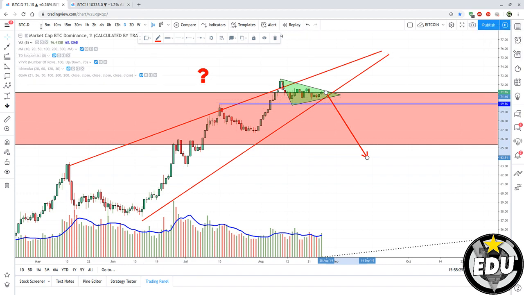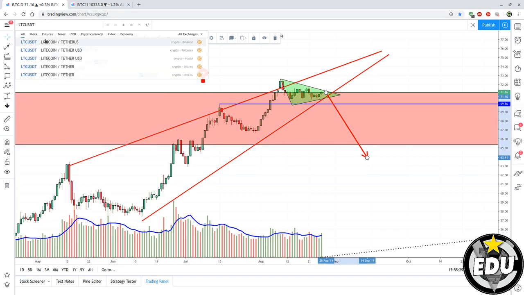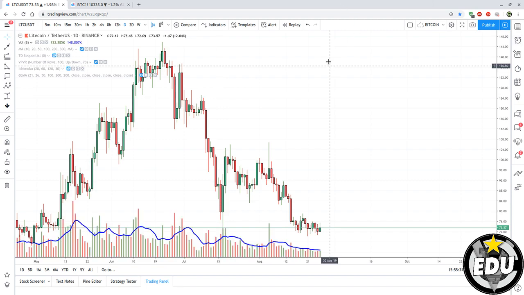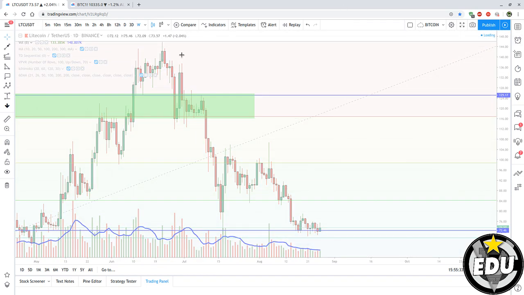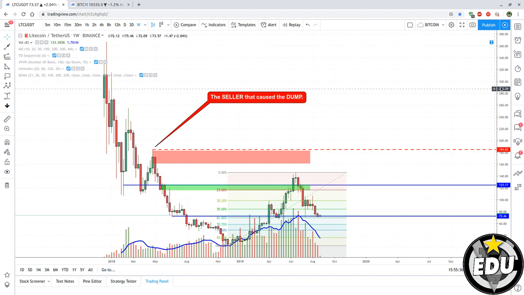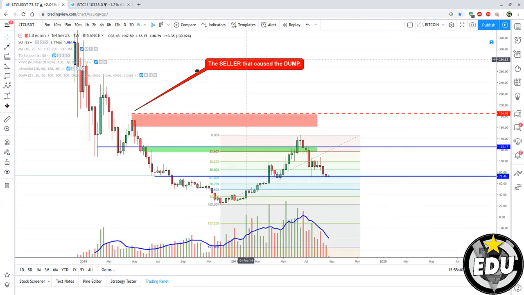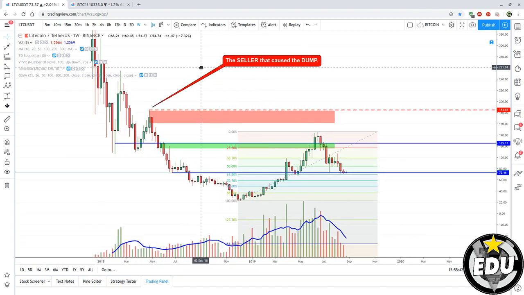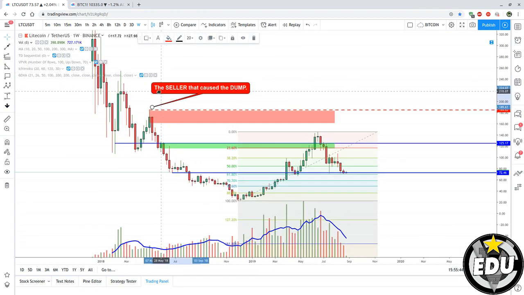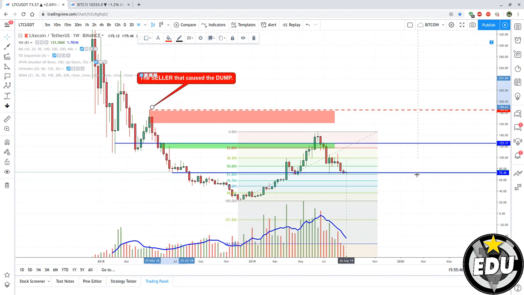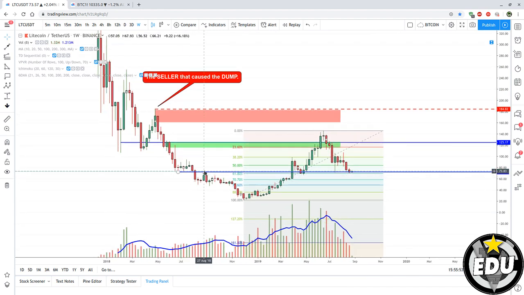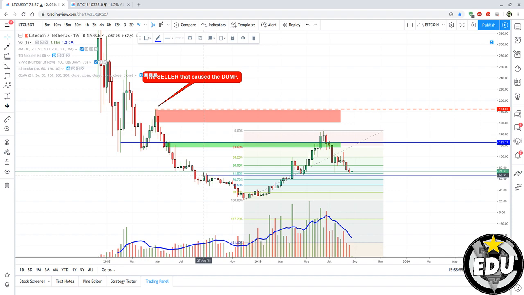Now, one trader says that LTC USDT is the leading indicator of Bitcoin, because it always moves before. And I mean, looking at this chart of LTC USDT, we are on a nice level where we bounced before. Actually, we are on a nice high here.